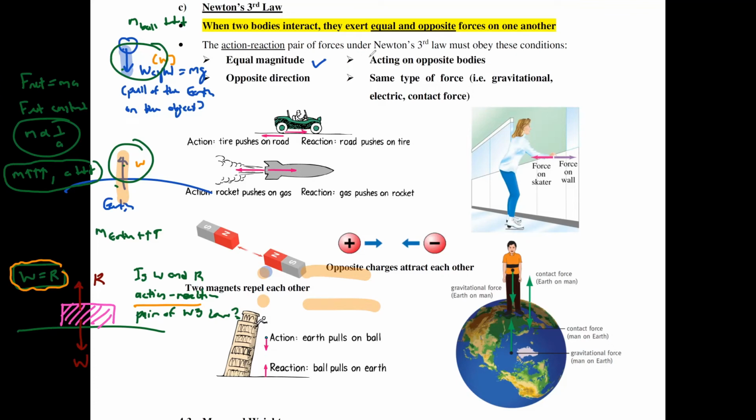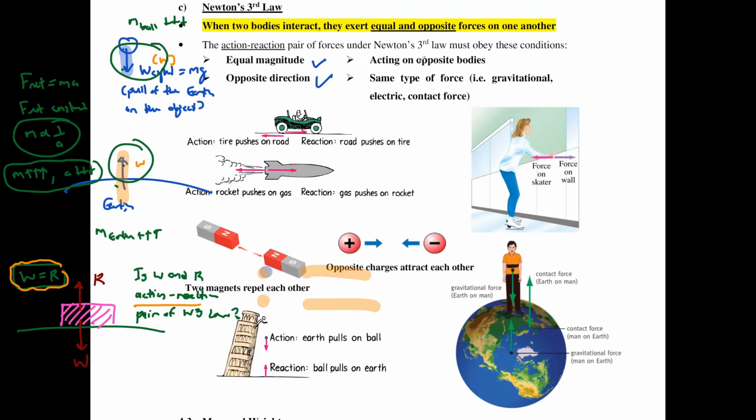They're pointing towards opposite directions. One force is pointing in one direction, and the other force is pointing opposite to what the first force was pointing in. Yes, they're pointing in opposite directions.